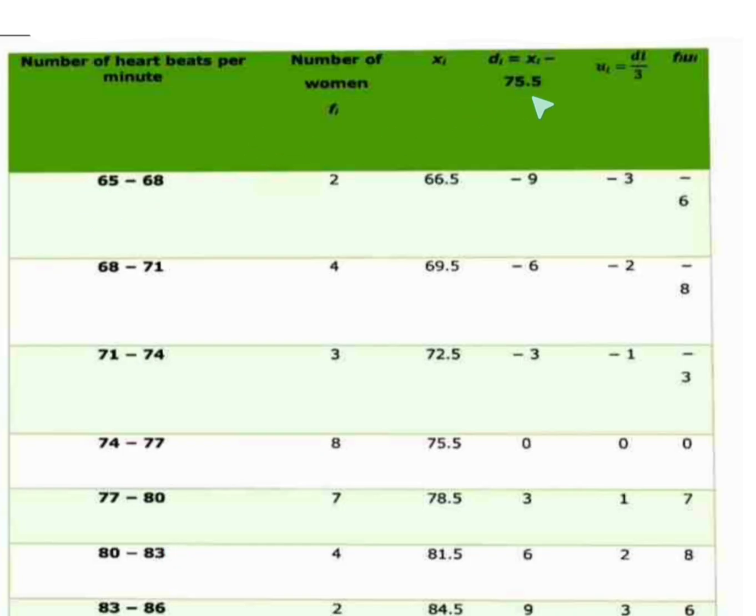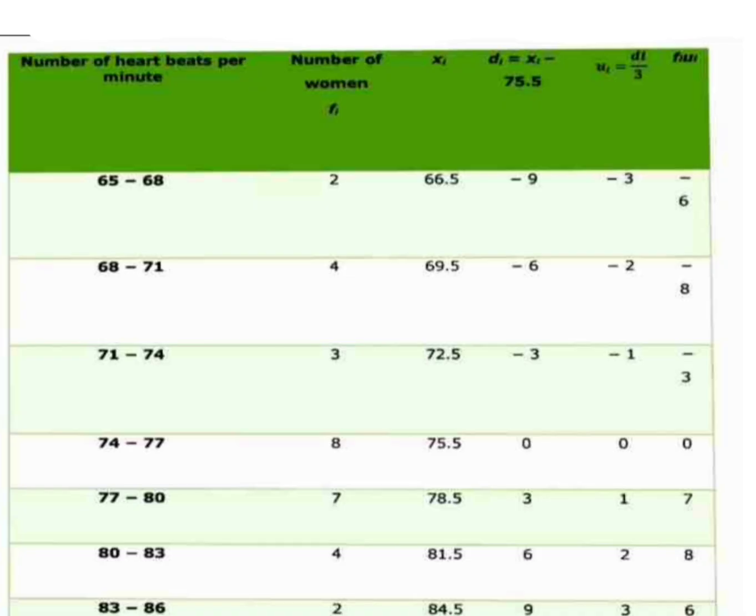So this is the assumed mean, 75.5. Now u is equal to d by h, where h is the class height, 3, and fi ui we should multiply f and this u.